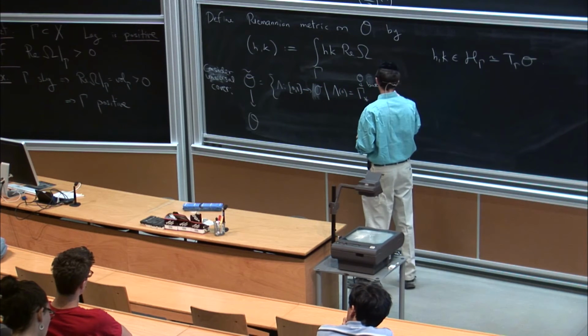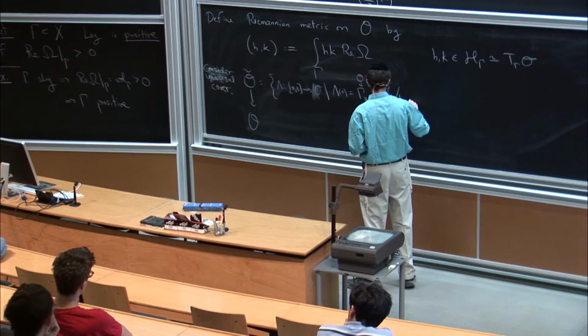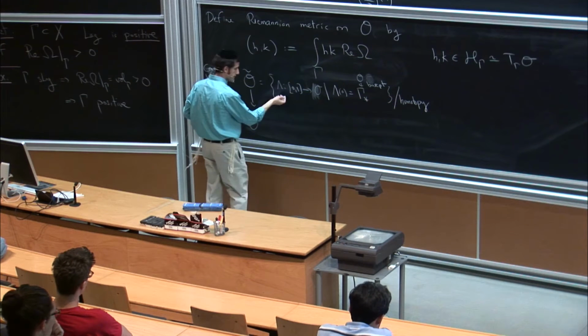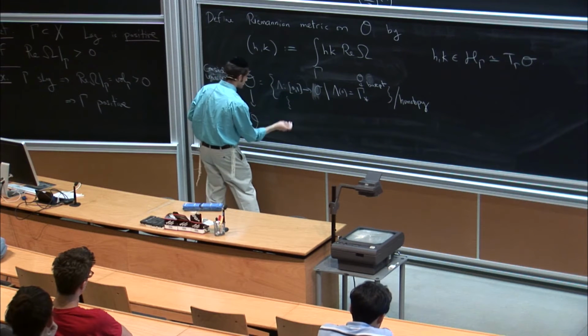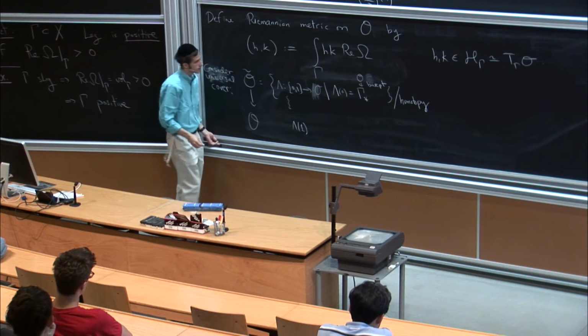We should consider such paths up to homotopy. And given a path like that, we can project it down to its endpoint. And that gives us the universal covering map.